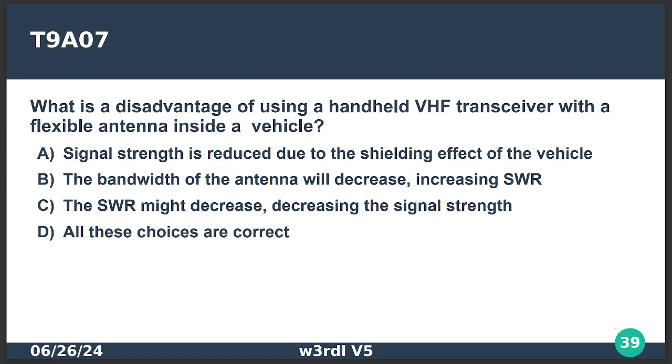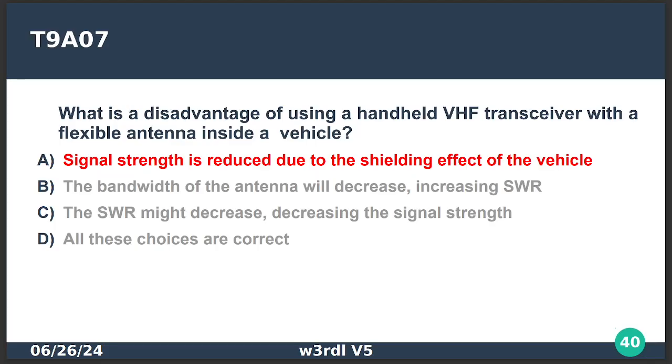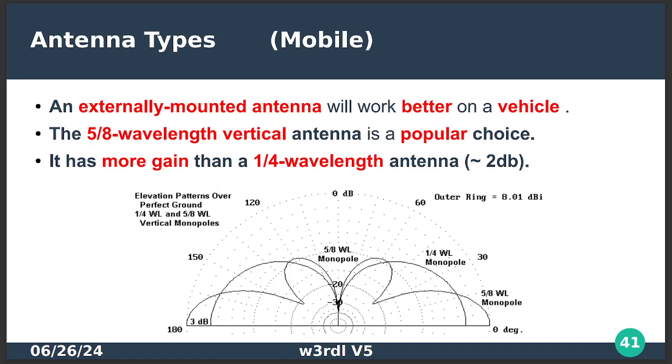What is a disadvantage of using a handheld VHF transceiver with a flexible antenna inside of a vehicle? A. Signal strength is reduced due to the shielding effect of the vehicle's body. An externally mounted antenna will work better on a vehicle. The 5/8 wave vertical antenna.